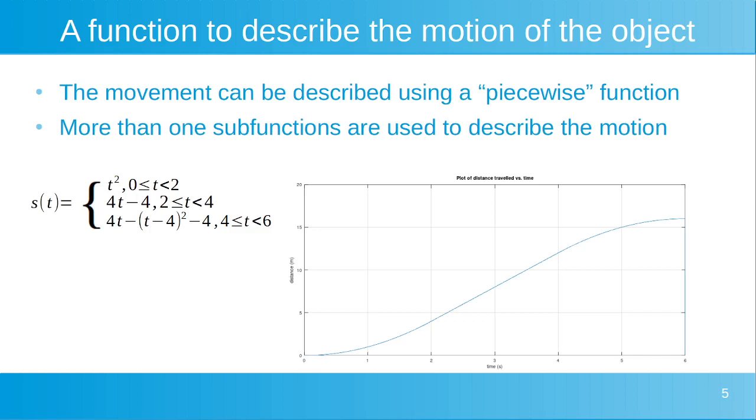And for a time between 4 and 6 seconds, the distance is described by that third final sub-function. So now we've got a piecewise function that expresses the distance as a function of time. At this point we can apply calculus to our function to determine more information.